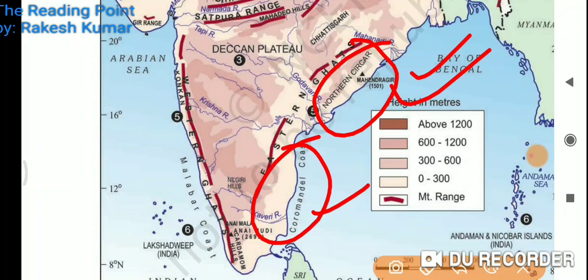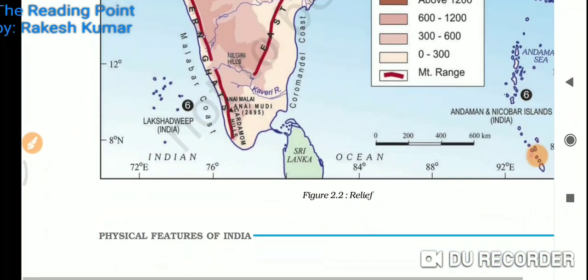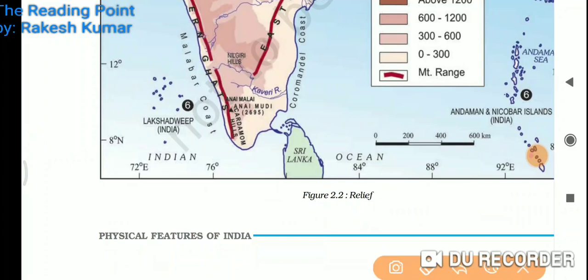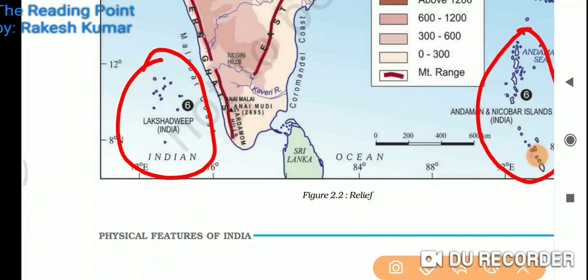Now we are going to finish the chapter with the island groups of India. In the Arabian Sea you can see the Lakshadweep islands, and in the Bay of Bengal you can see the Andaman and Nicobar islands. Apart from several islands found along the coast of India, there are two main groups of islands.